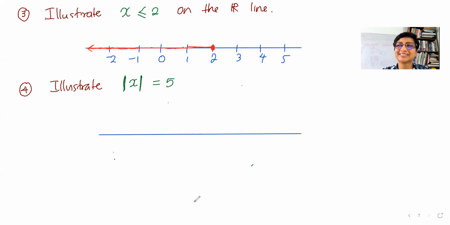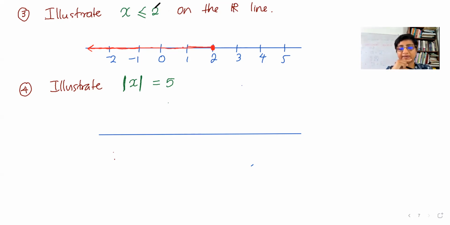What are all the numbers whose modulus is equal to 5? In number 3 you had infinitely many real numbers that satisfy this condition.